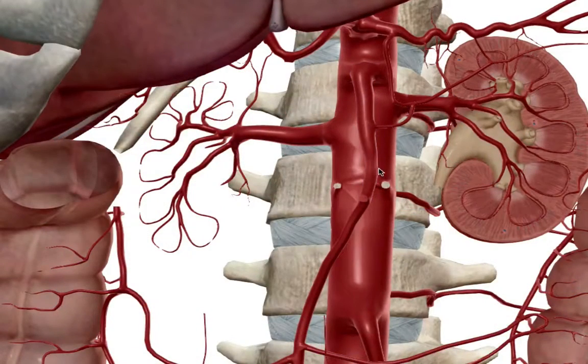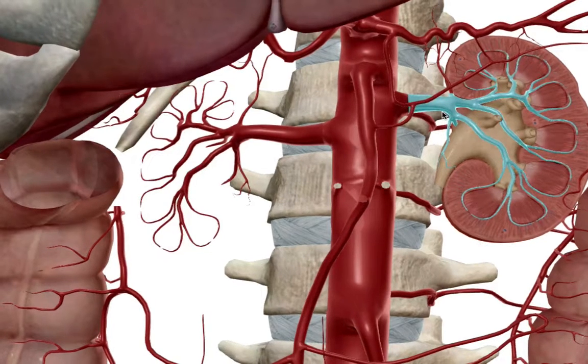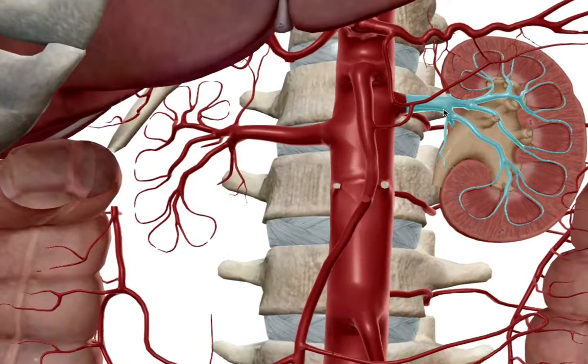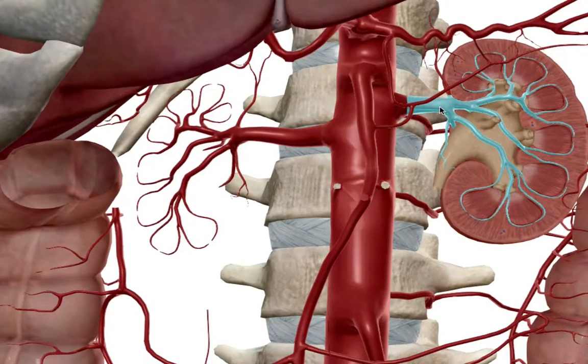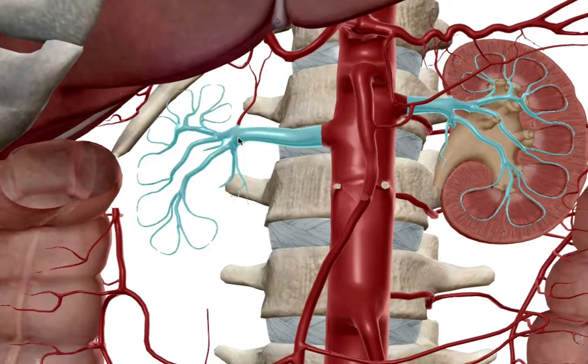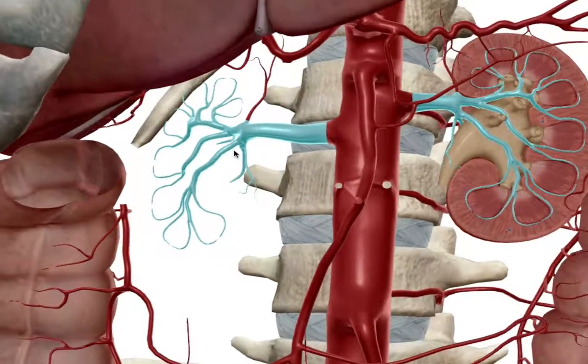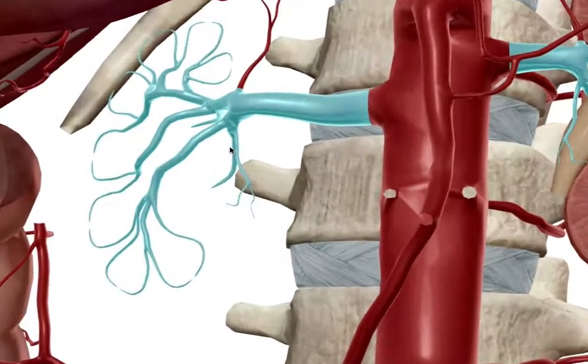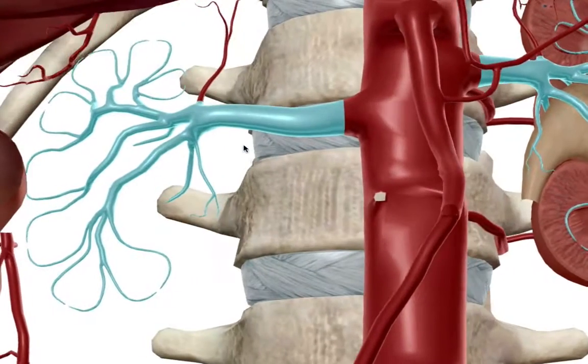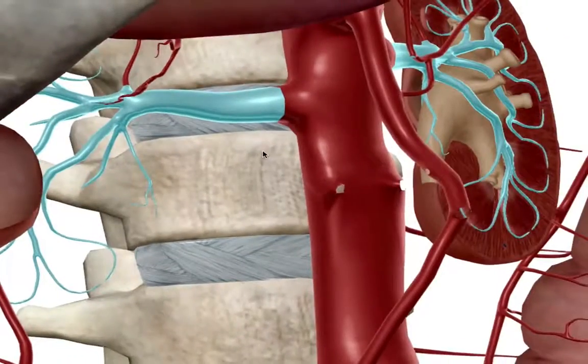So I've removed the anterior portion of my left kidney, so you can see how the renal artery runs through the kidney. Just in case I show you a diagram and I want you to identify the renal artery, you should know this general loopy shape that the arteries have as they run inside of the kidneys.